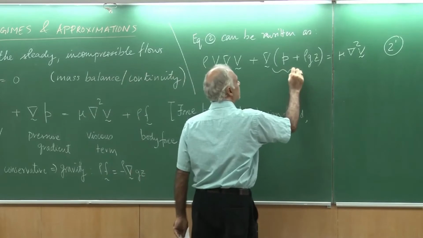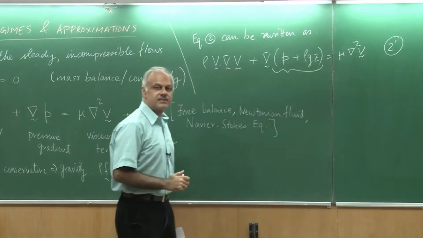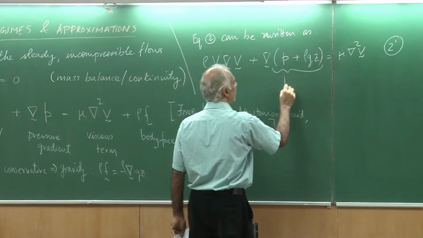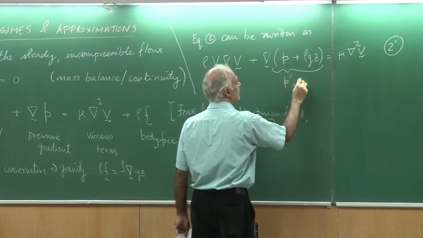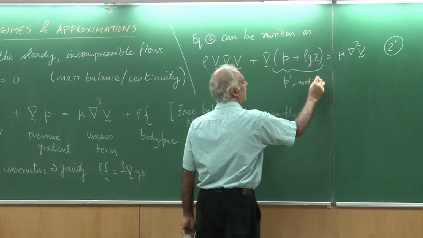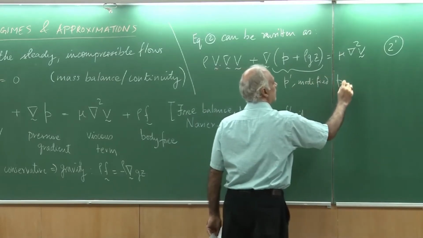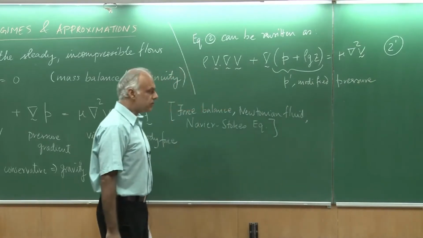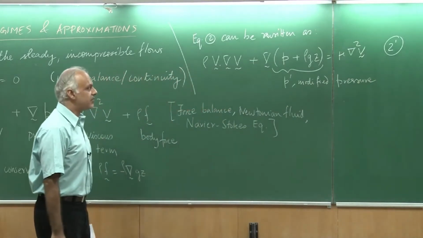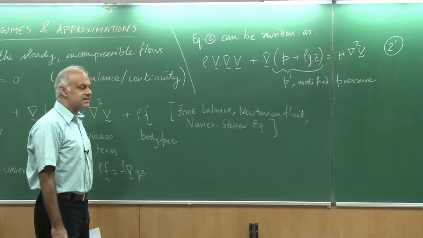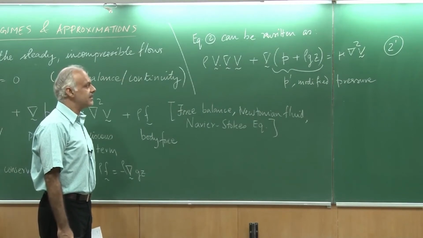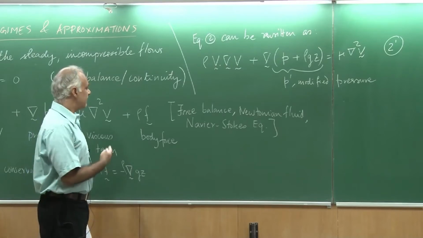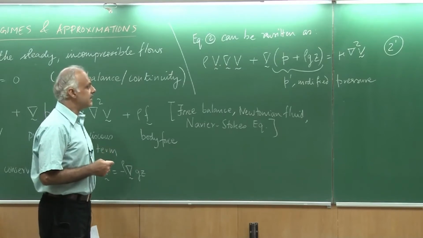And now I can call this a modified pressure. So instead of dealing with simply p, I can now call this p prime, which is the modified pressure. So I hope you are able to see that as far as the hydrostatic pressure head is concerned, because of the gravity, we don't really have to worry about that so much as far as the differential equations are concerned.